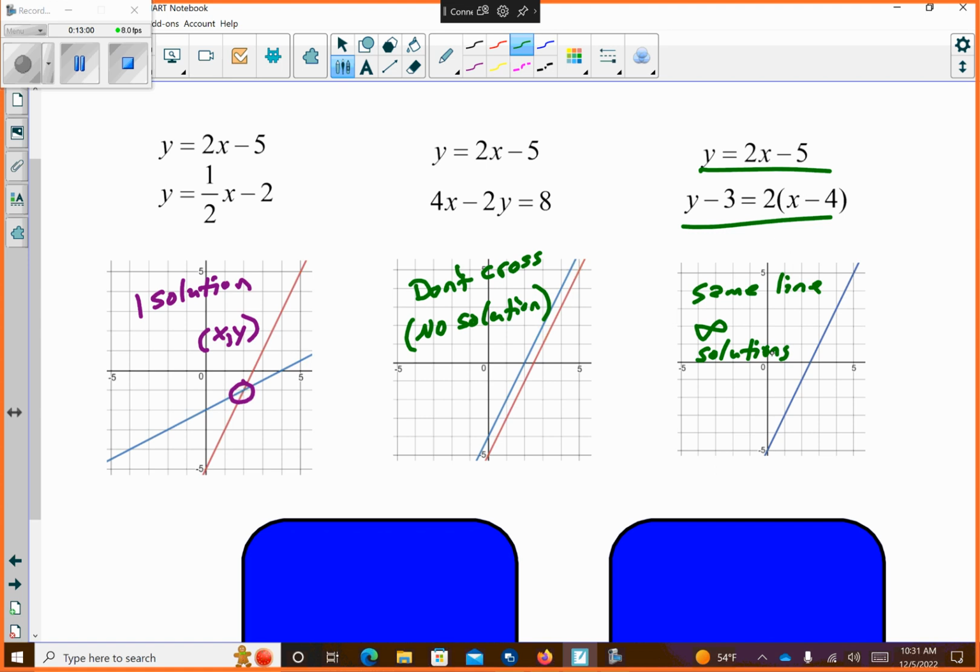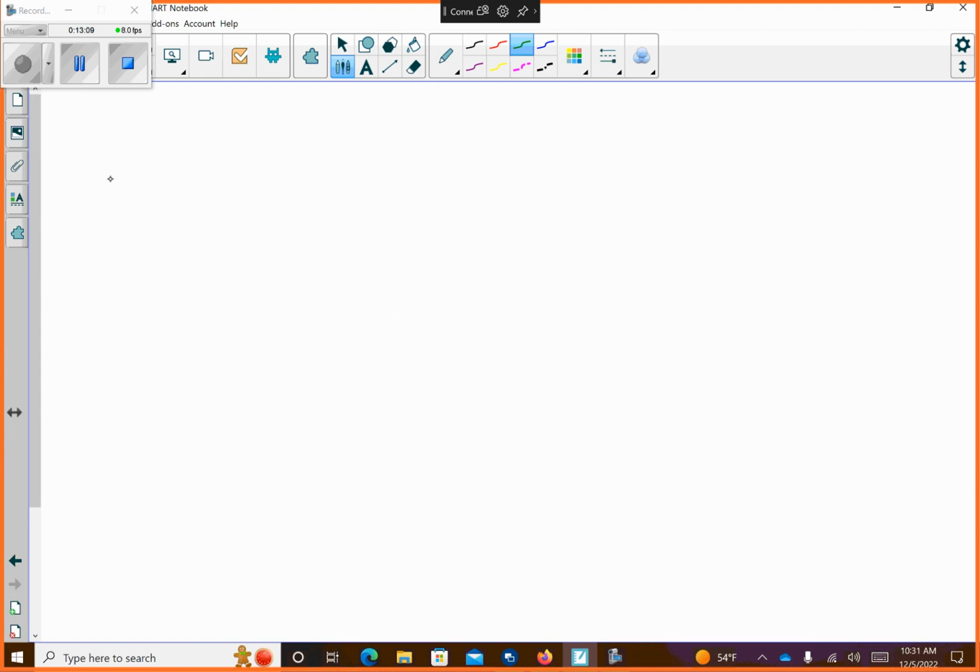So I know we're done with the notes, but I want to just do a little bit extra. So when graphing, we have 3 different ways that we could have it written. We could have y equals mx plus b. So b is the y-intercept.